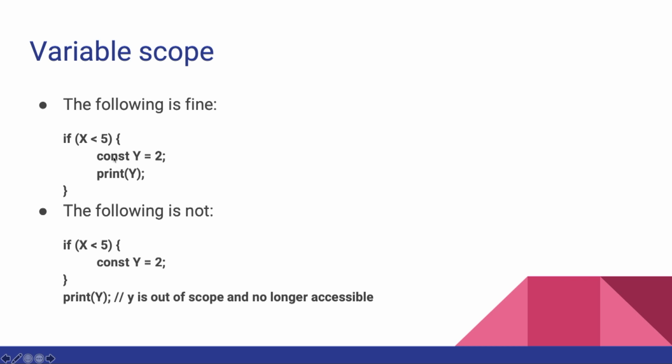Okay, so const y gets 2, you can print y here, but in this example, if we declare and assign y gets 2 in here, after this brace, so we've exited this block defined by these braces, then y in fact no longer exists. It's out of scope and doesn't even exist anymore.